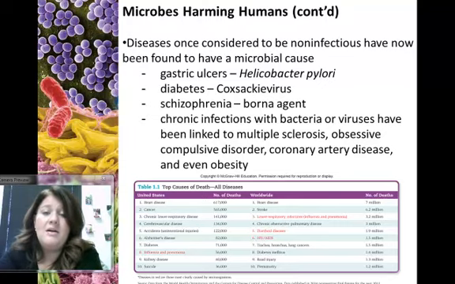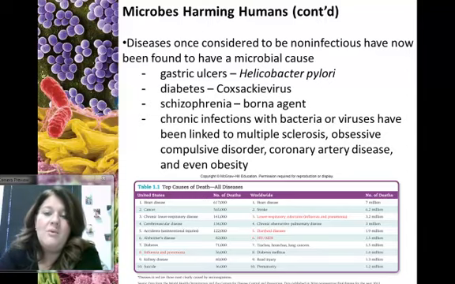We see higher instances of diabetes in individuals that have had repeat infections with Coxsackie virus. Schizophrenia and Borna agent, which is another viral agent. About 75% of schizophrenics or their mothers actually test positive for antigens that prove they've been in contact with Borna agent. Why the link is there, we're still not quite sure, but there does seem to be some type of link.